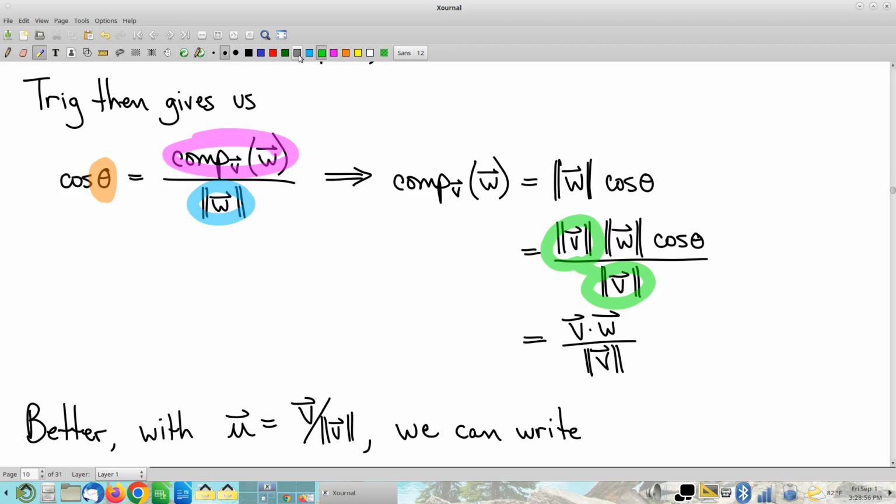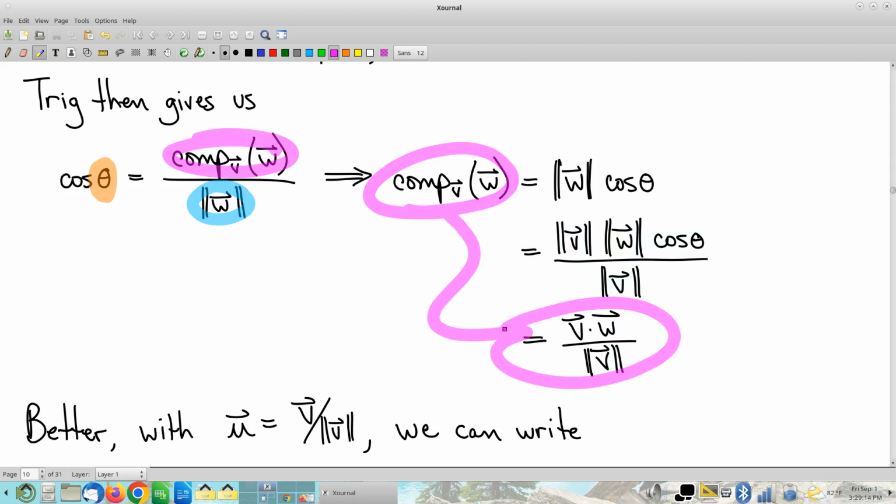But conveniently, algebraically, now my numerator is exactly a dot product. Dot products are easy to compute instead of hard to compute. So real nice fact, this gives us my alternative, much more desirable formula for component. Right there, no trig to be found.